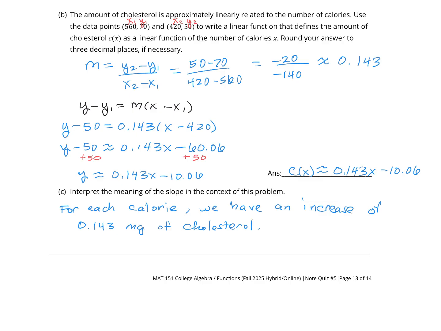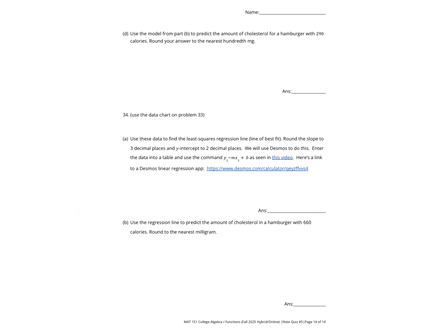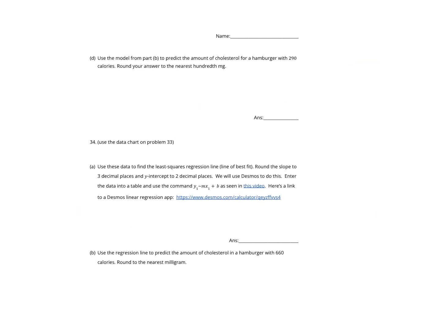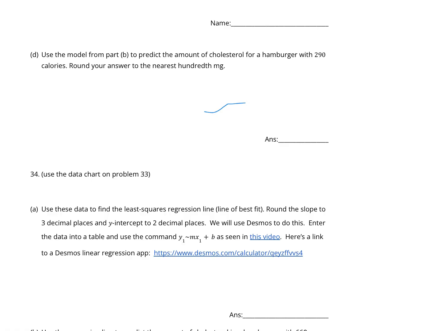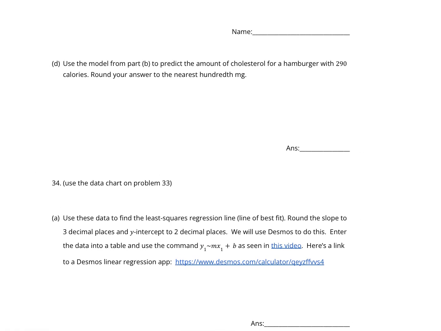All right, now the next part of the problem, they want us to use our model to make a prediction or estimation. So they want us to make an estimation of how much cholesterol we'll have if our burger has 290 calories. So that's going to be C of 290, which again is best done on a calculator.